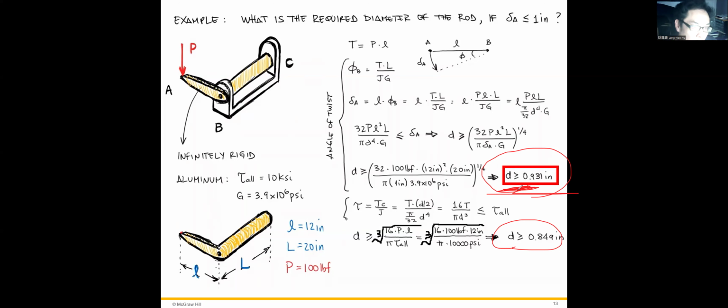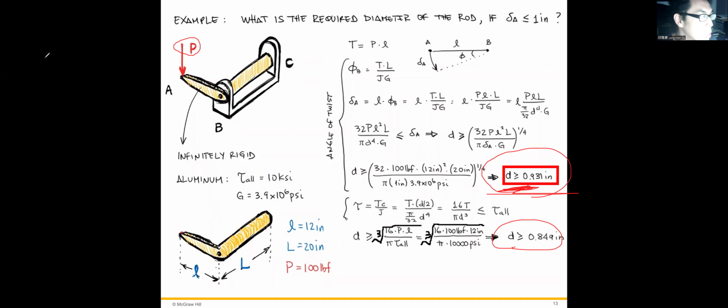Because the allowable stress of the aluminum is 10 ksi, and when you apply the force P, the 100 pound here, it will go beyond this allowable shear stress of 10 ksi. Therefore, we have to use the larger diameter for this solid rod.